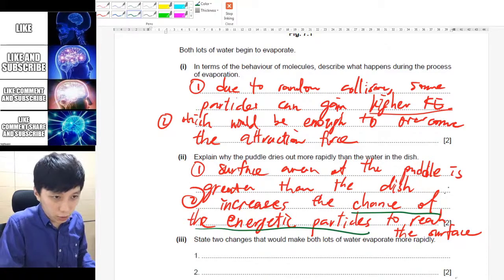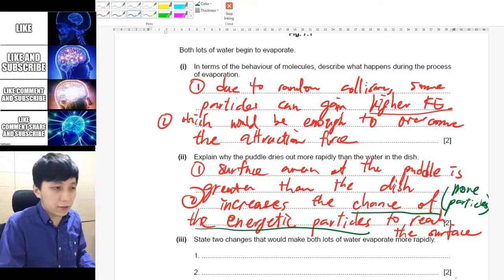You can also say more particles can reach the surface.